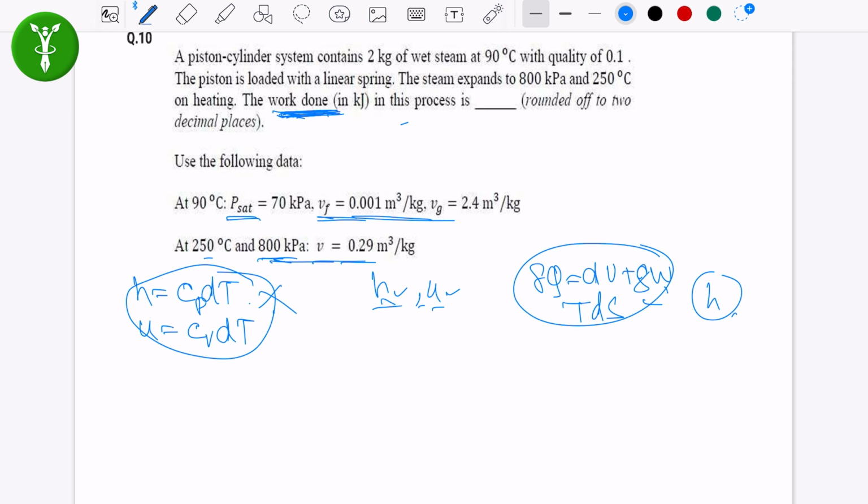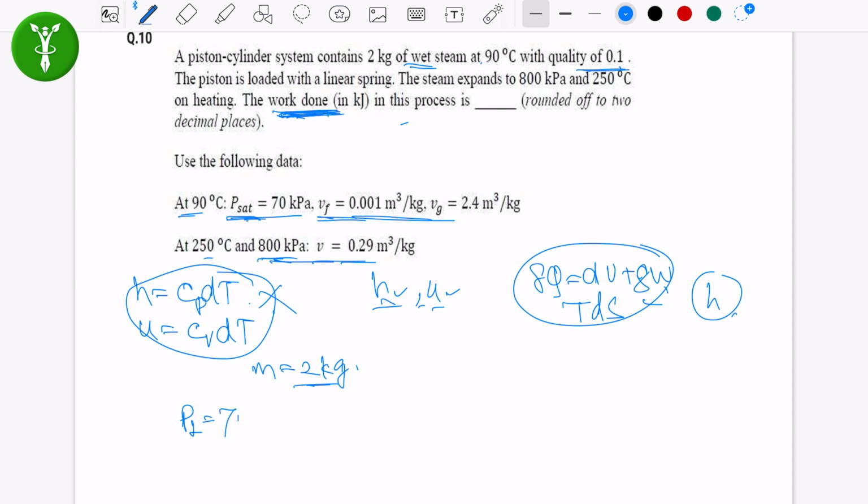So let's calculate pressure and volume at both states. Here m is 2 kg, and wet steam is there. Wet steam means some part is liquid and some part is gas. Quality is this much. If I try to calculate at 90 degrees Celsius, what is the pressure?